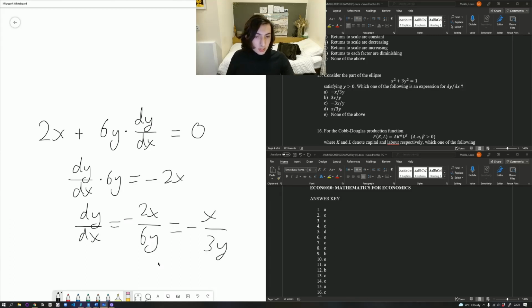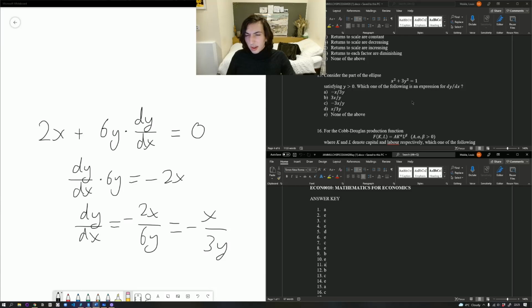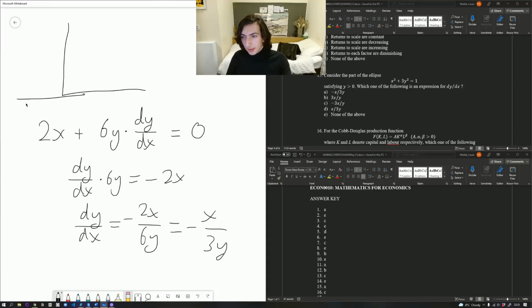And as you can see here, for number 15, we get the same, so it's A. Nice work. And it also says satisfying over y over 0, because I assume it's just a simplification, because that segment of the circle will look something like that, which is a bit easier, I think, to maximize. Also, maybe to think about the gradient, it's a little easier in that way.